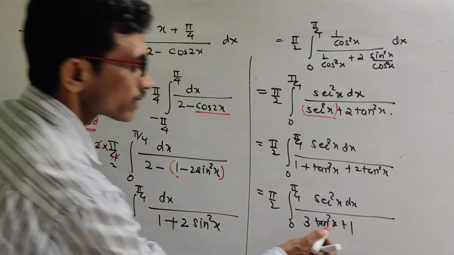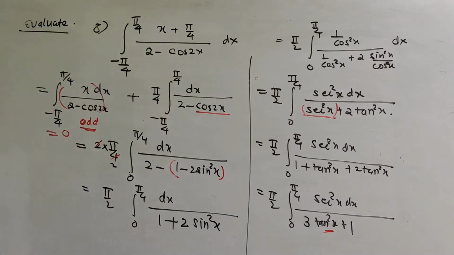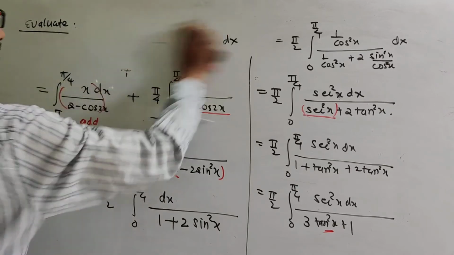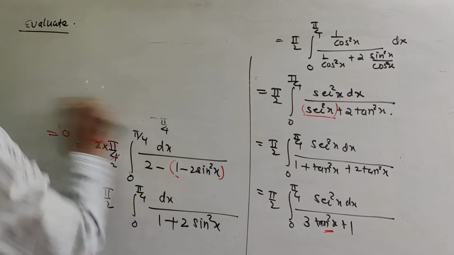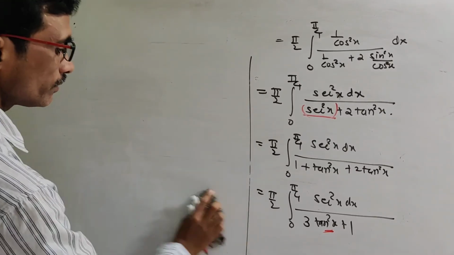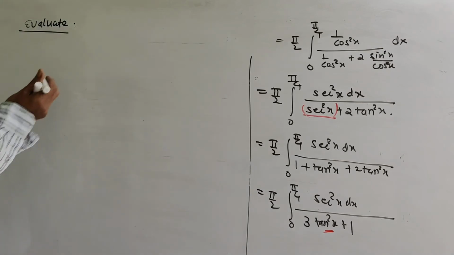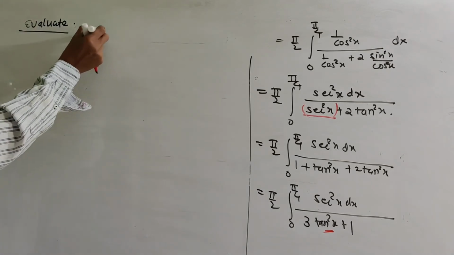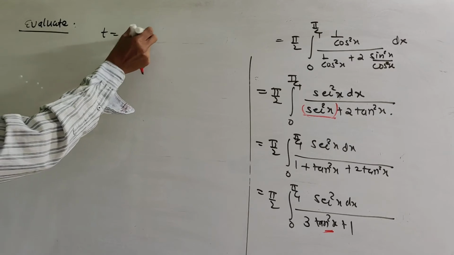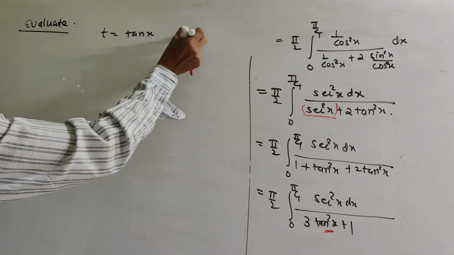Here we make the substitution t is equal to tan x, and dt will be sec square x dx.